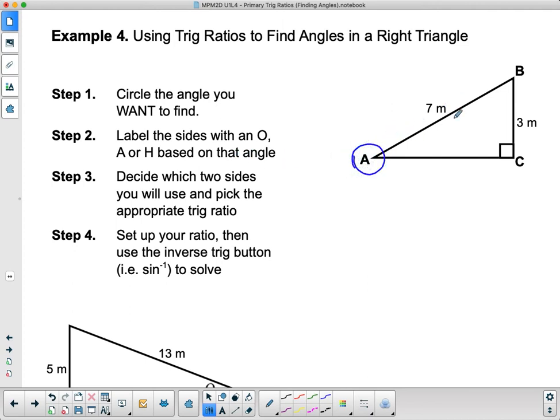Label the sides with opposite, adjacent, or hypotenuse. Well, this is the hypotenuse. This right across the triangle is the opposite, and the one that's touching the angle that I just circled is the adjacent. Decide which two sides you will pick and then use the appropriate trig ratio. So I'm going to write out SOHCAHTOA.